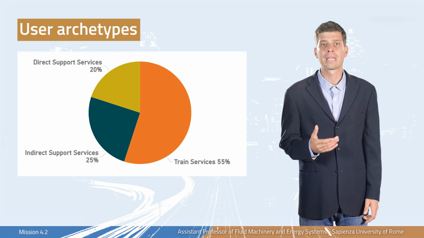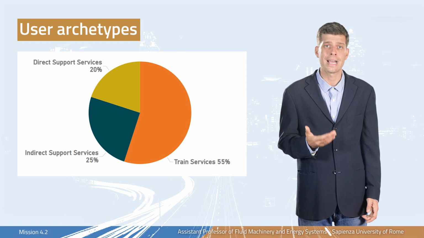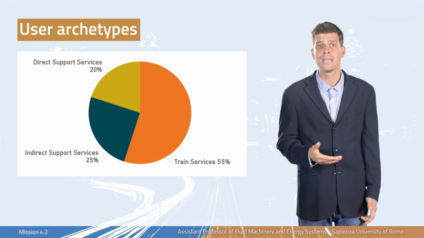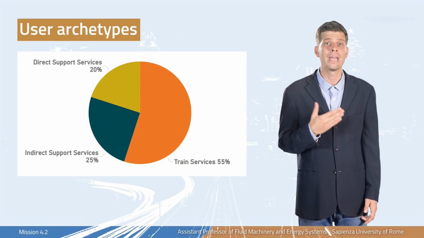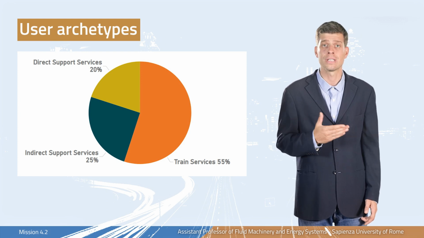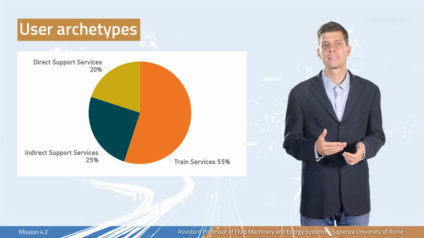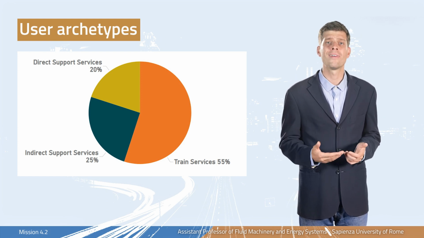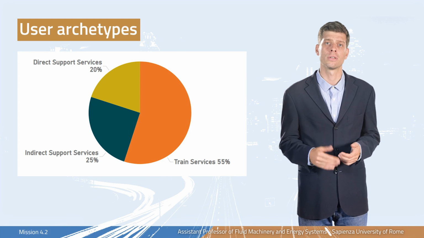Each archetype can be characterized by the daily foot traffic, the size of each railway facility, including both travelers and non-travelers, and the average size of the station itself. Based on the examination of recent station projects, it is possible to quantify the area available for different services per station.